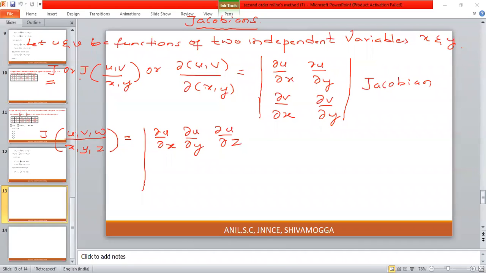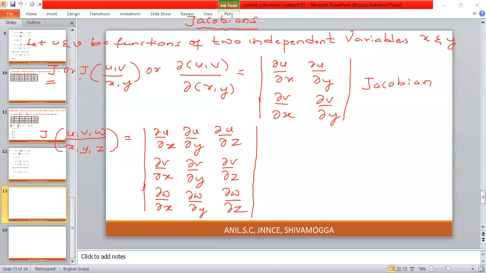And the second row, you can guess: del v by del x, del v by del y, and del v by del z. You can guess this third row: del w by del x, del w by del y, and del w by del z. This is the Jacobian of u, v, w with respect to x, y, z.